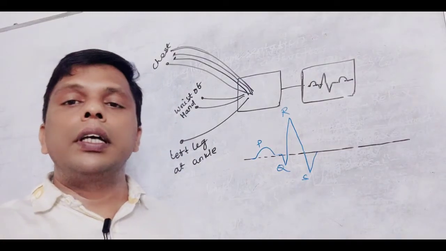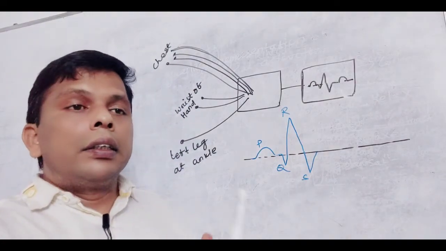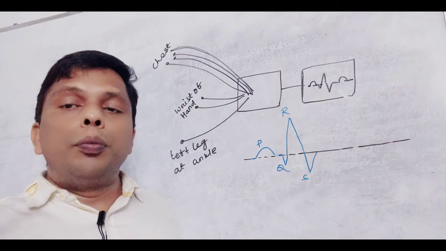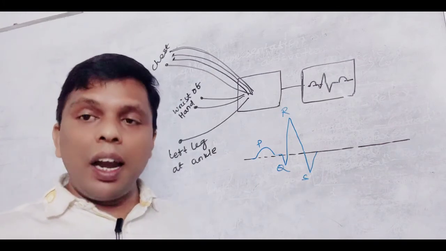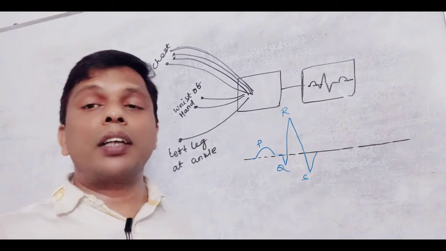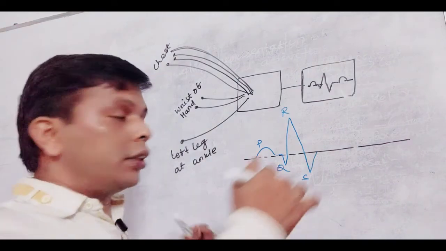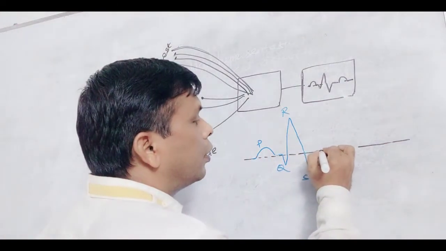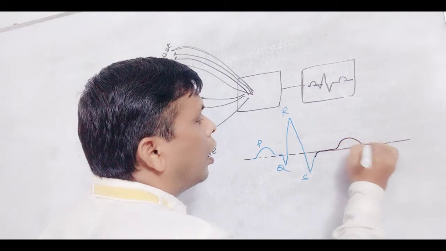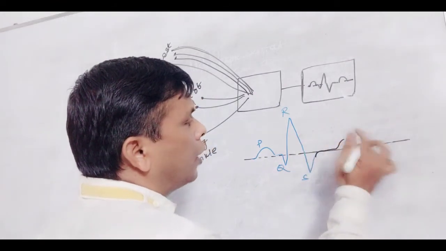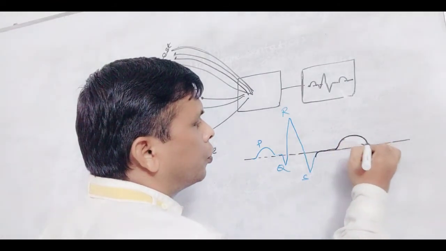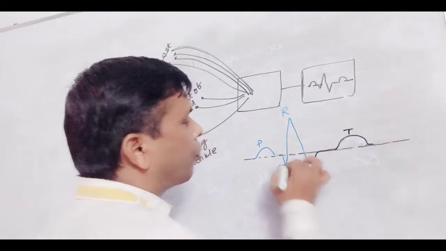What happens after it? The ventricular relaxation takes place. After ventricular contraction comes ventricular relaxation. A large wave which is larger than P is the T wave.